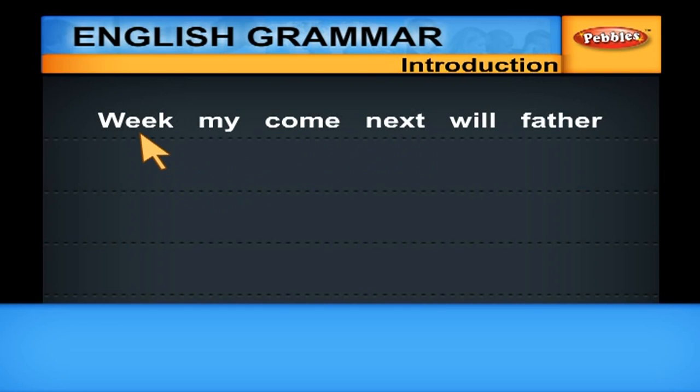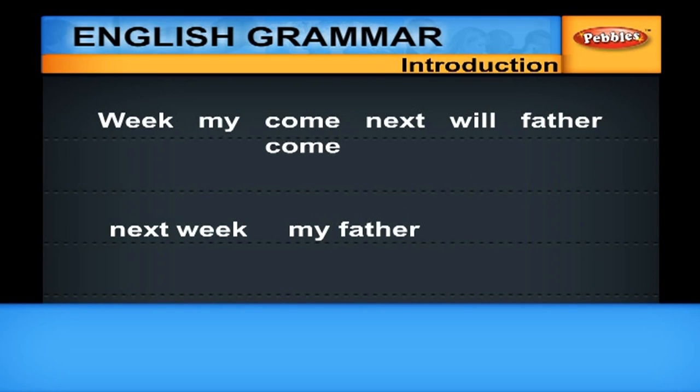This is what we call collocation. For example, here, week will go only with next. You have to say next week. My will go with father: my father. Come will go with will: will come.